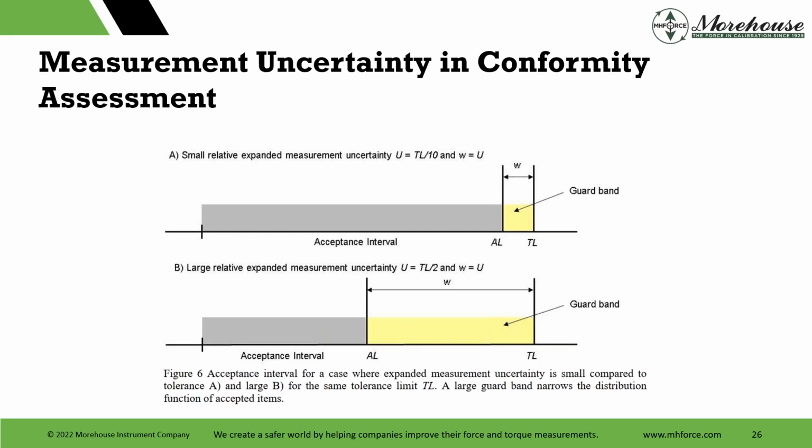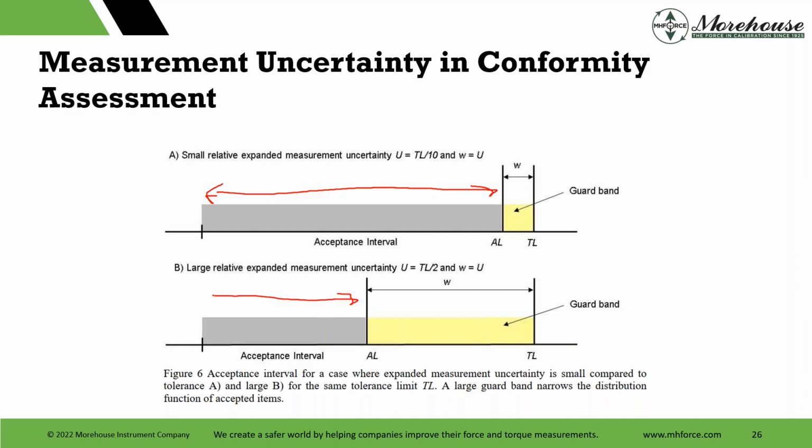And when I said that first scenario with the load cell, when Morehouse did the calibration, that's really what we're looking at. We have a lower measurement uncertainty with that device, and that lower measurement uncertainty translates into a much larger acceptance interval in which we can say the device is in tolerance, or a smaller guard band. When we have that larger uncertainty, when the other lab did the calibration, that translates into a smaller acceptance interval.